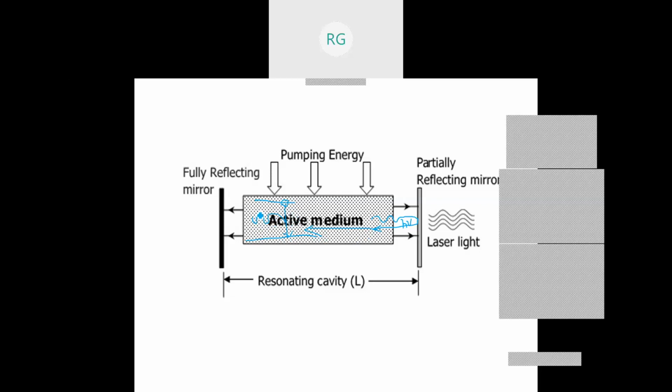Therefore I have photon 2 because of this transition, and photon 1 which is due to the spontaneously fallen photon.